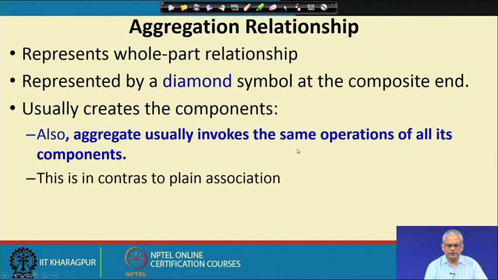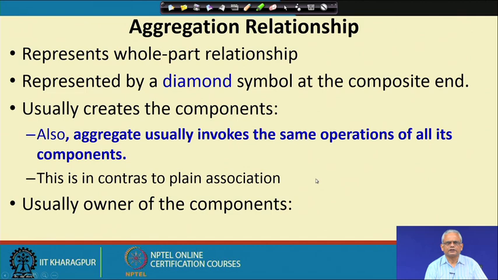We will see what we mean by this, and this is in contrast to plain association, where a class does not invoke the same operation of all the classes to which it is associated, and the aggregate class is typically the owner of the components.